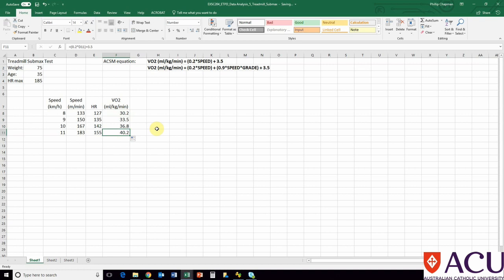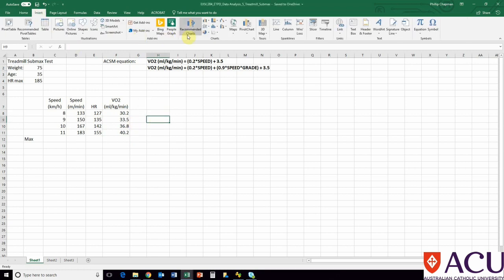So once we've done that, we need to determine what is the VO2 max speed. So if I just type in max, this row here is going to be the max values. In order to do that, we need to look at the heart rate speed relationship.